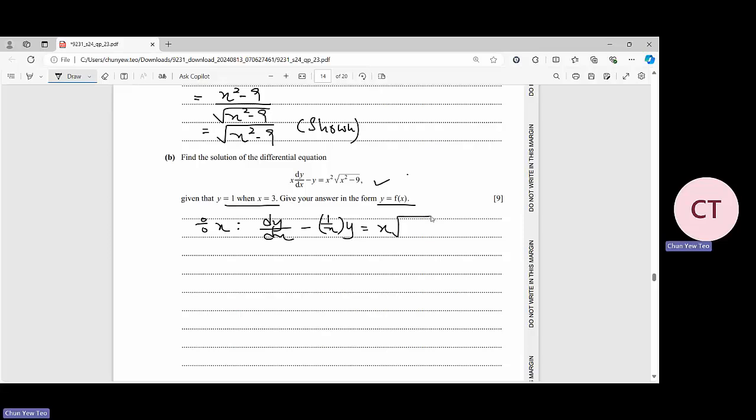I get this. Then my IF is e to the power of integrate negative 1 over x dx. It will be e to the power of negative ln x. It will be e to the power of ln 1 over x. It will be 1 over x. Then you multiply everyone by the IF. You get this.